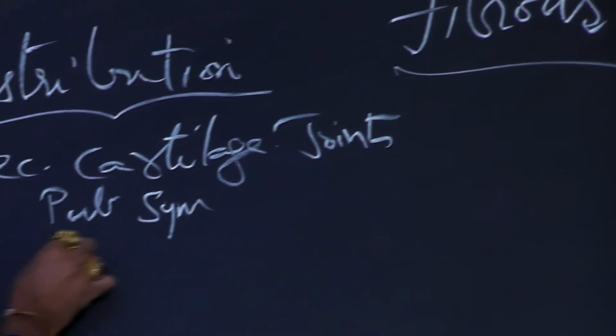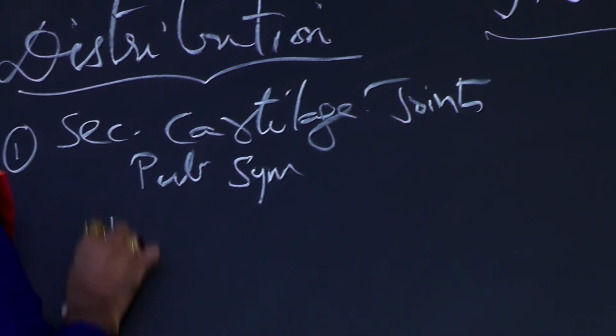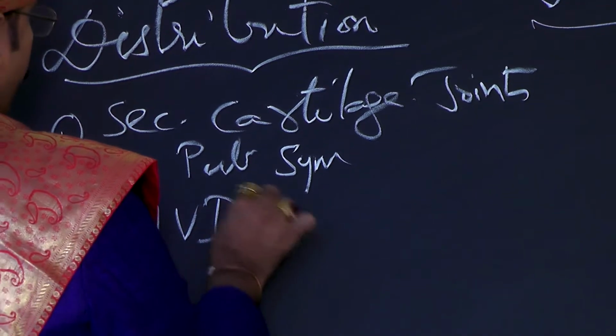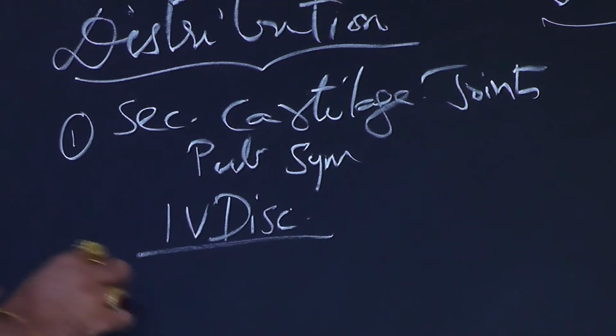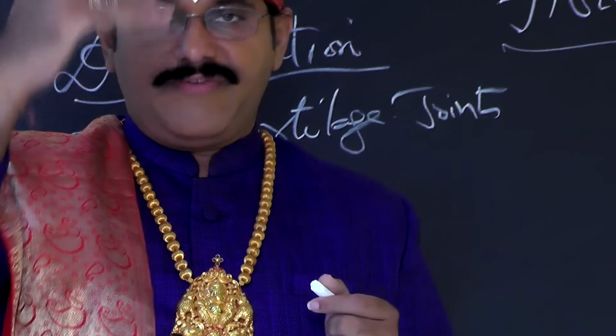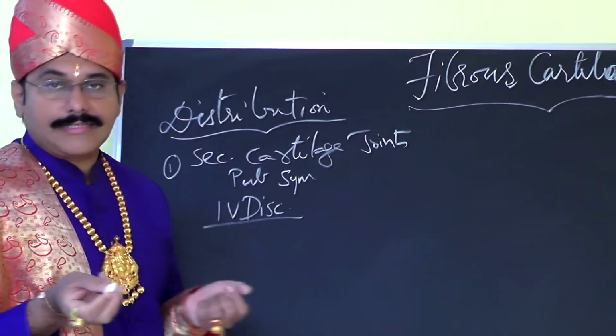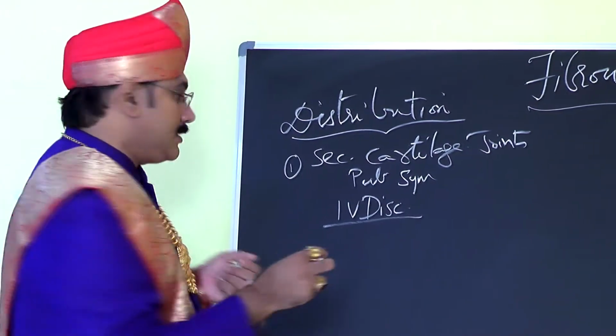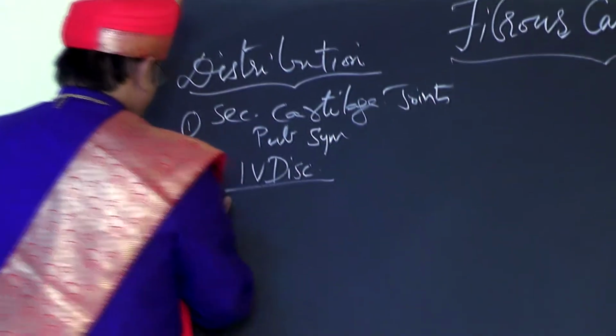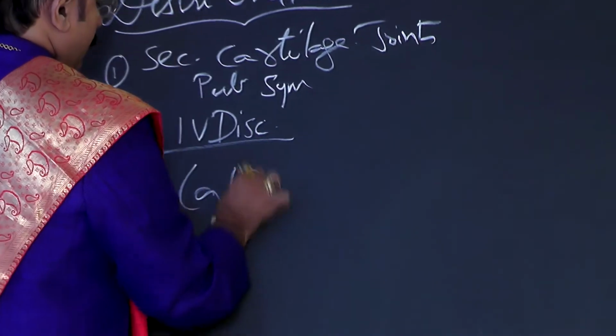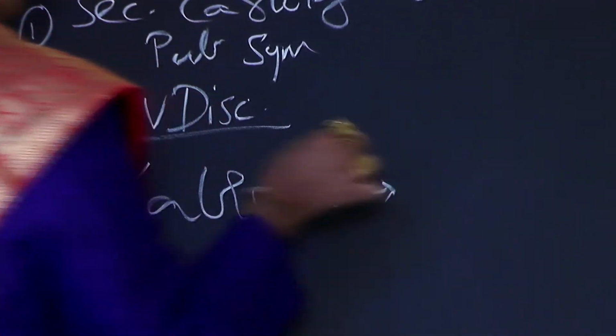Also, we have the intervertebral discs. Where are the intervertebral discs present? Between the vertebrae. These are also a classical example of fibrocartilage. Then we have the labrum, the glenoidal labrum and the acetabular labrum.